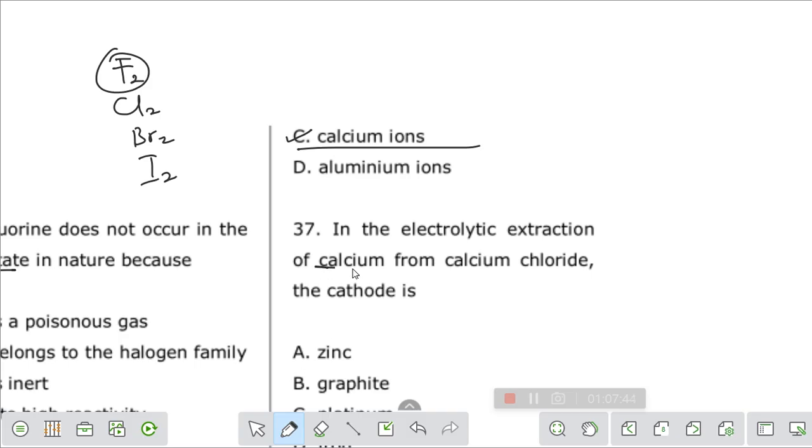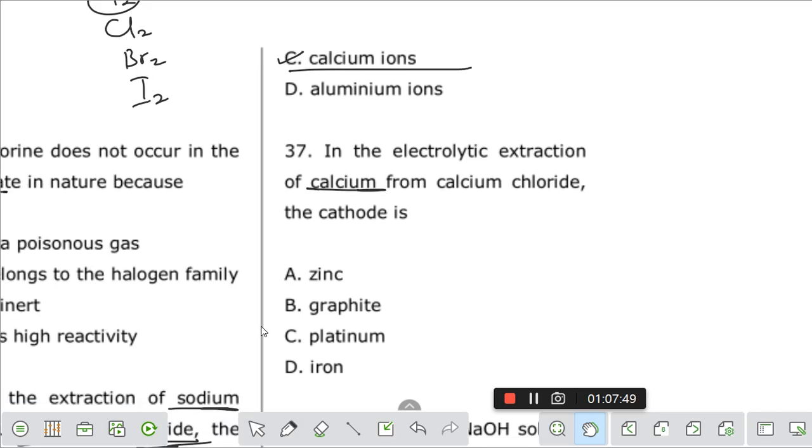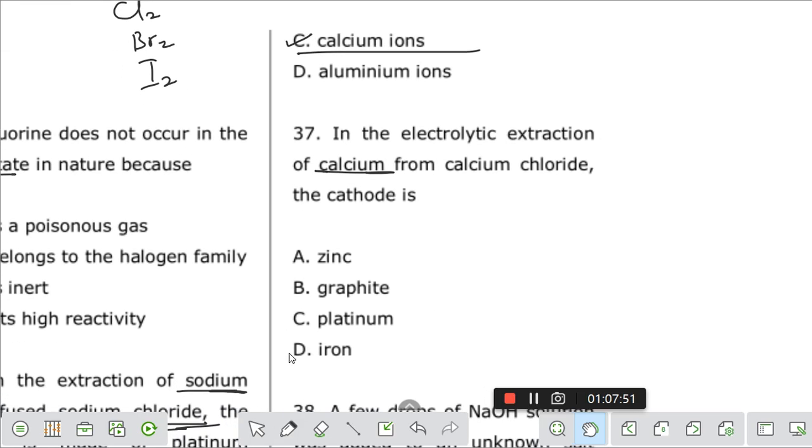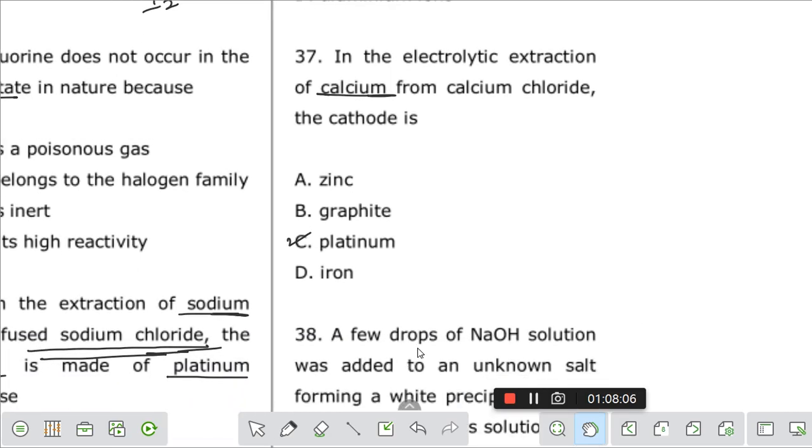When we want to extract calcium, the answer is the cathode is platinum. Please go and read the extraction of metals very well. I think I made some videos for that in descriptive chemistry. So the cathode is made up of what? The platinum.